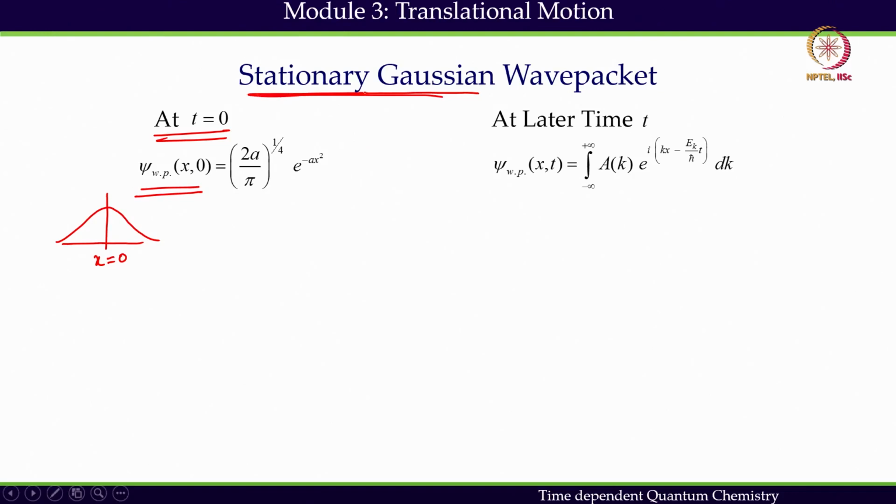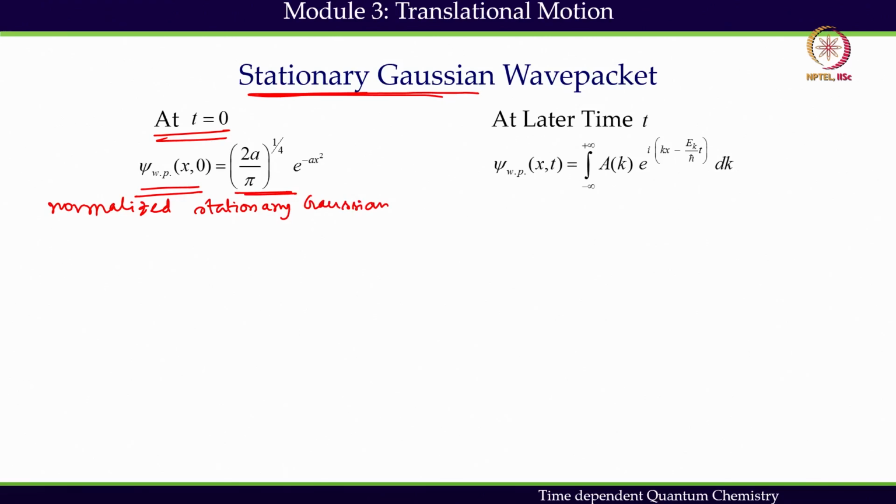It is a stationary Gaussian function because of that missing plane wave part. And we have taken a normalized Gaussian function. That is also a requirement. We have to always begin with a normalized function in quantum dynamics. So, this is called a normalized stationary Gaussian function.